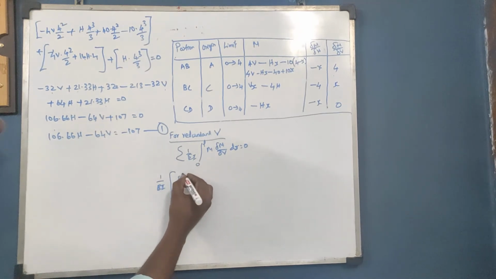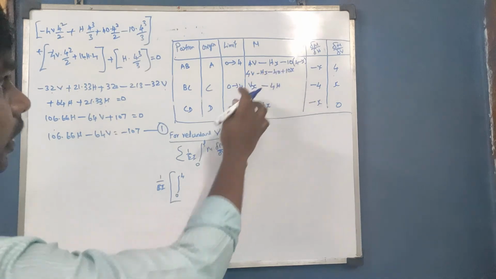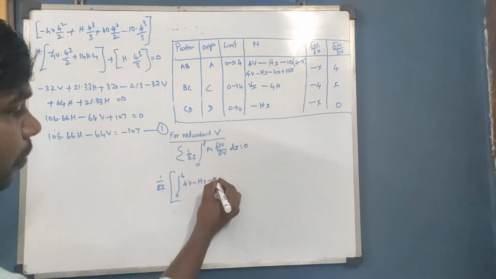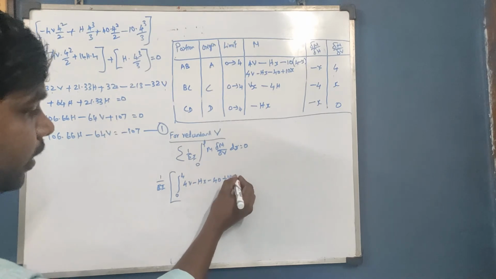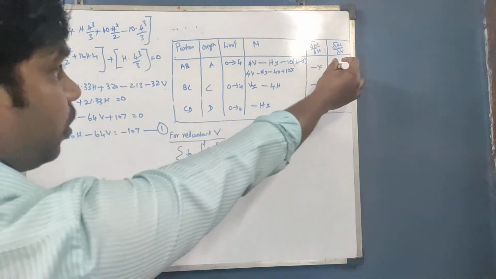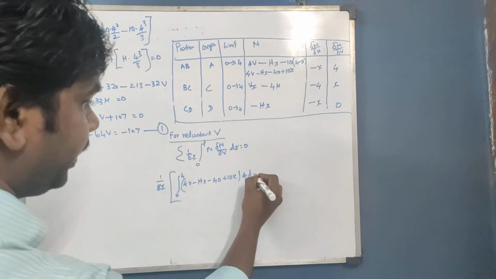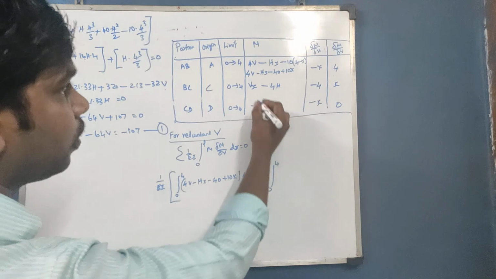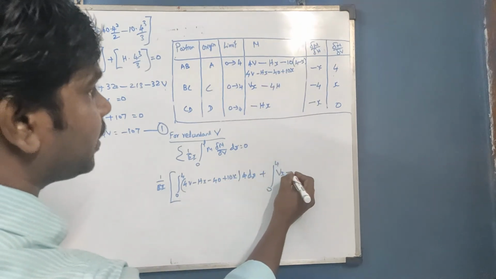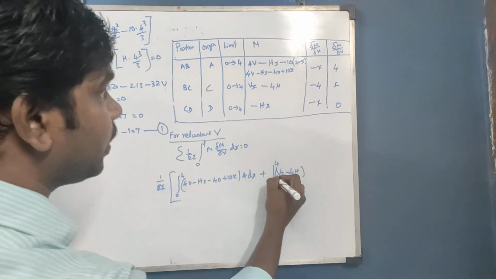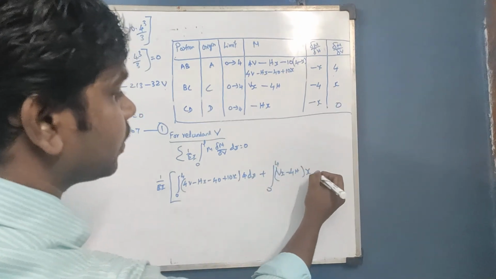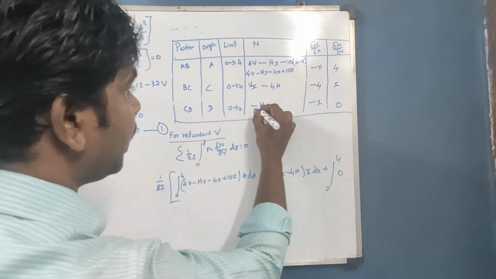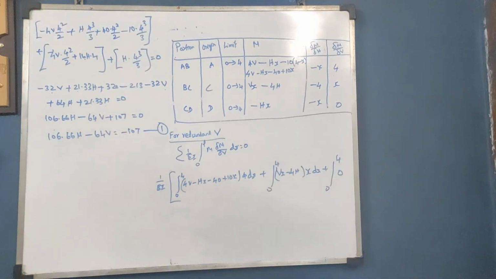Integration of 0 to 4, M it is 4V minus hx minus 40 plus 10x into 4 dx plus integration of 0 to 4 bx minus 4x into x dx plus integration of 0 to 4 hx into 0, it is 0, right?